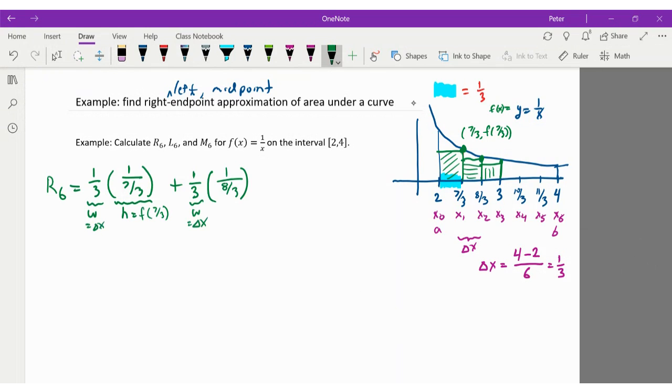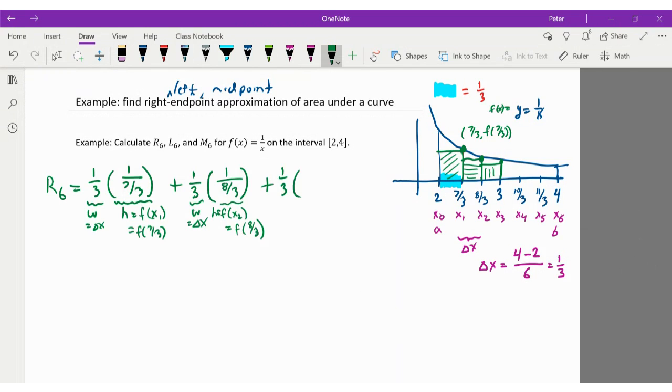And this is f of x2. Okay, so that's where those numbers are coming from: the first one is the width and the second one is the height. So I just keep going.